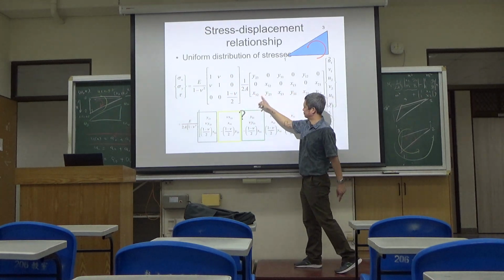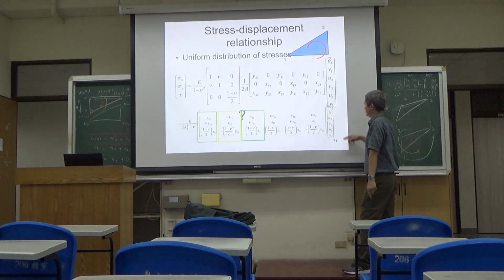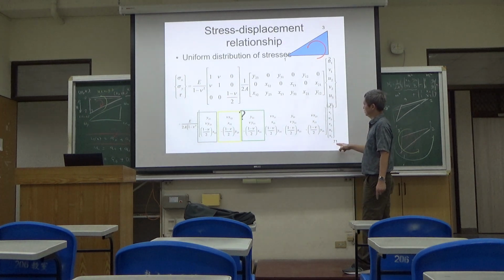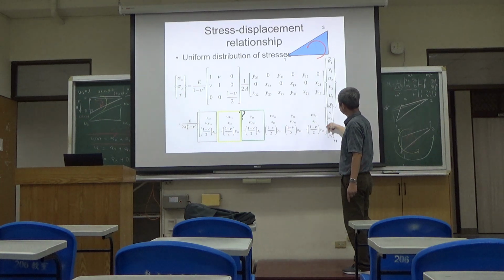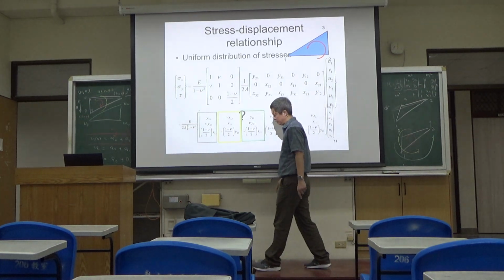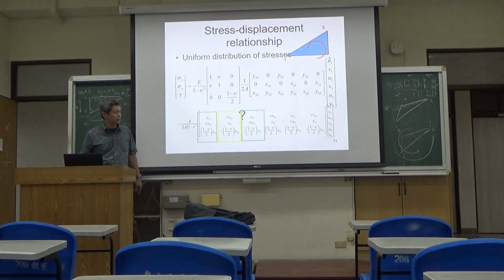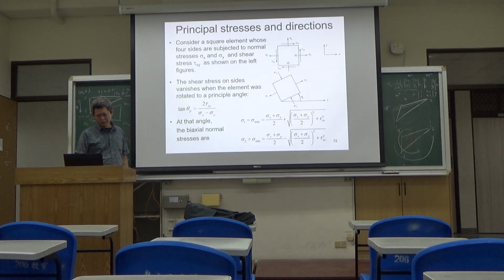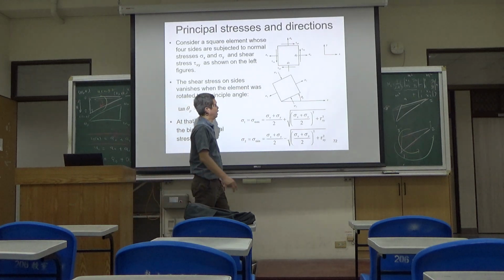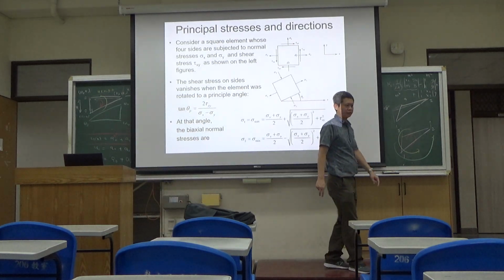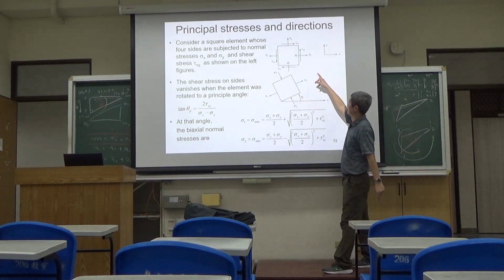It is b times b. Okay? And then this 3 by 6 matrix is going to multiply with the displacement vector, which has a size of 6 by 1. So the stress we obtain is based on Cartesian coordinates.